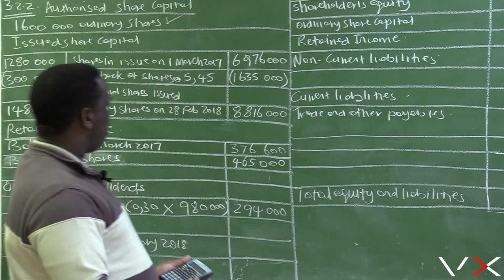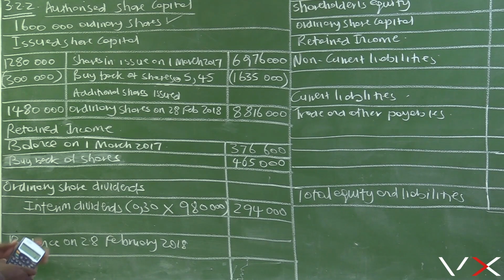But it's going to be easy for us because there is only one amount that is missing here. We have the number of shares in issue at the beginning, the repurchase of shares, and we are also given the total number of shares in issue at the end. So we'll just calculate this amount, and it is going to be a balancing figure.